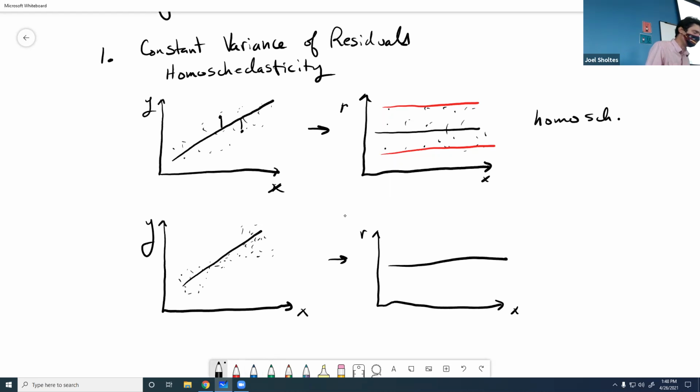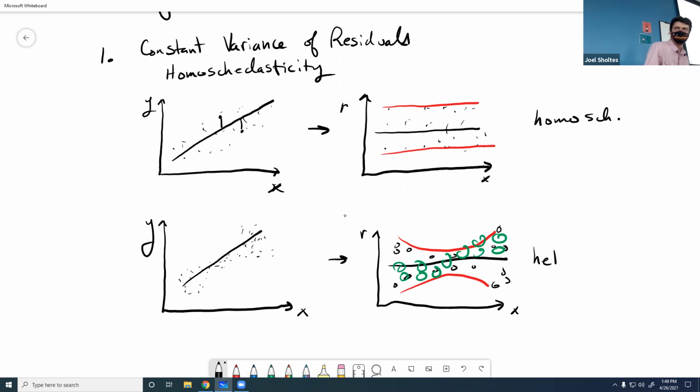Maybe the residuals are really extreme here, but they're funneling here, and then maybe they get more extreme out here. You can have all kinds of different shapes. Maybe you have residuals that follow a trend, U-shaped. We could have residuals that follow some nonlinear thing, right? There are a lot of different ways this could come out and look.